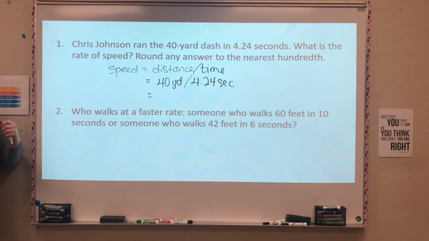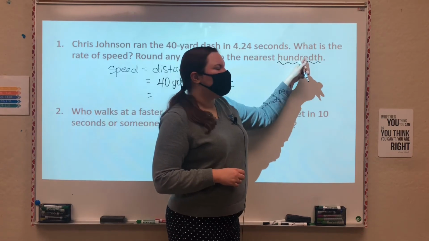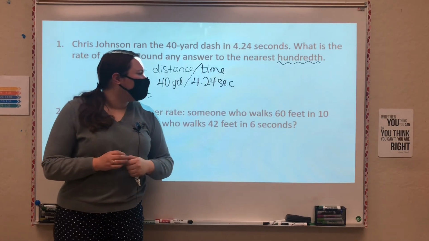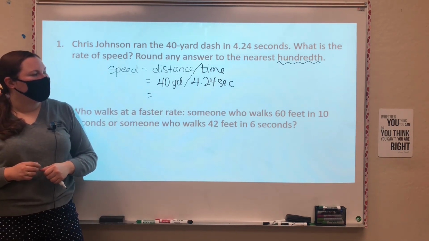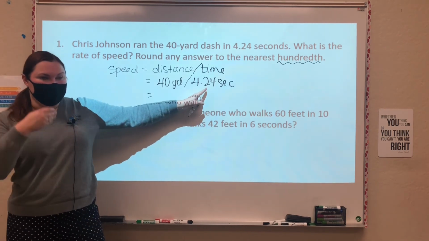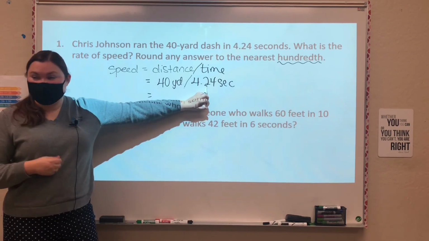Yeah, but it says you're going to round it to the nearest hundredth. Do we know what hundredths are? Well, for like the 100,000s, 2 is tens, 4 is hundreds. Yes. So it's talking about a place the decimal is in after that decimal point. I heard you say this is tenths.